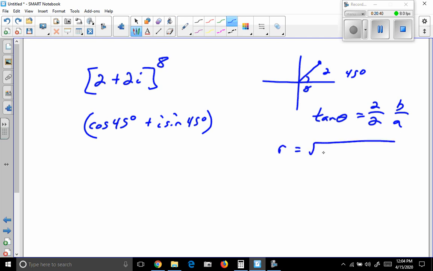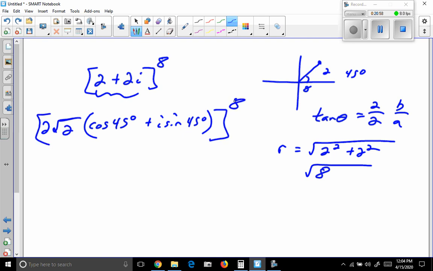So our radius for that complex number is the square root of a squared plus b squared. 4 plus 4, that simplifies to 2 square roots of 2. So that's our complex number, not raised to the 8th power. That's just the conversion of 2 plus 2i to trig notation. So that and that mean the same thing.